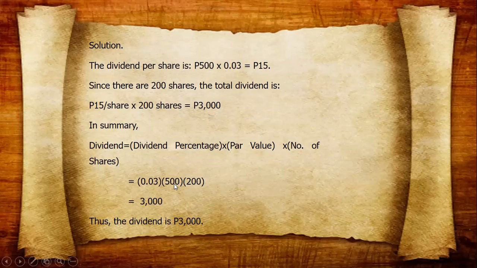Par value is 500. Number of shares is 200. So, in getting the product, you will get 3,000 pesos. So, therefore, Mrs. Lingan will receive a dividend which is 3,000 pesos.